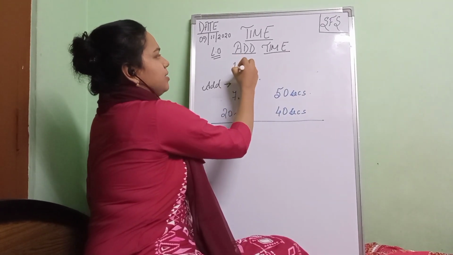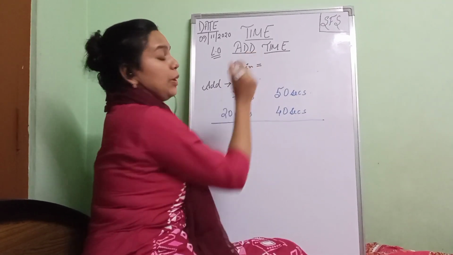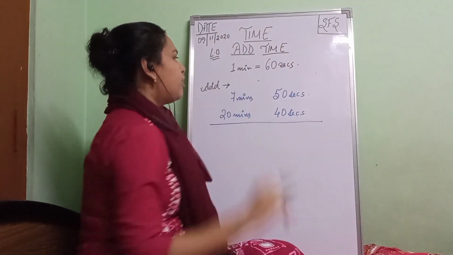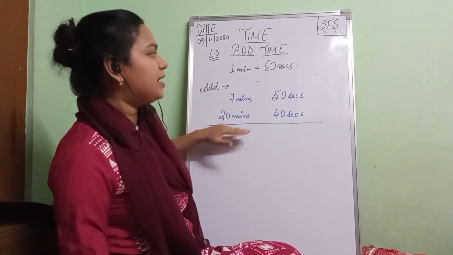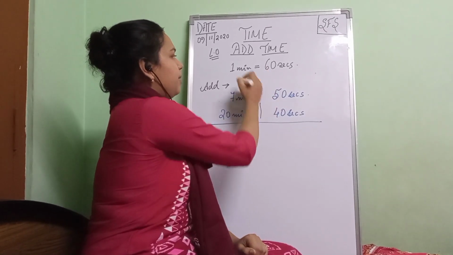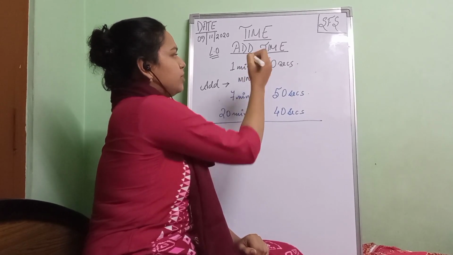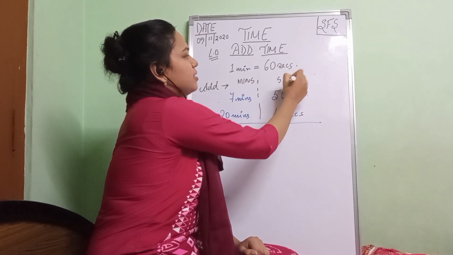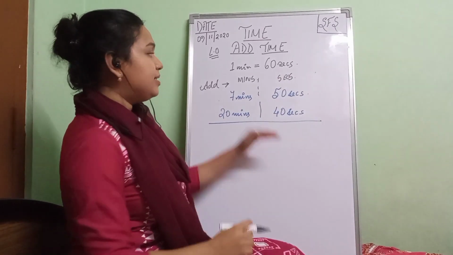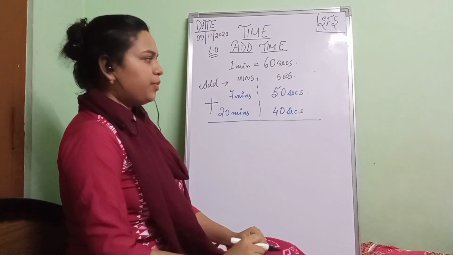1 minute is equal to how many seconds? 60 seconds. Okay? So if you have minutes and seconds with you, what do you do at first? You separate the minutes and the seconds and then add it together. Okay?